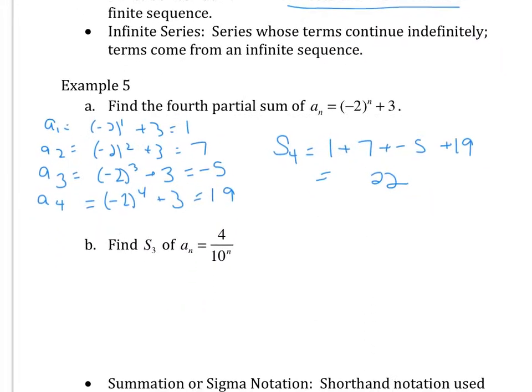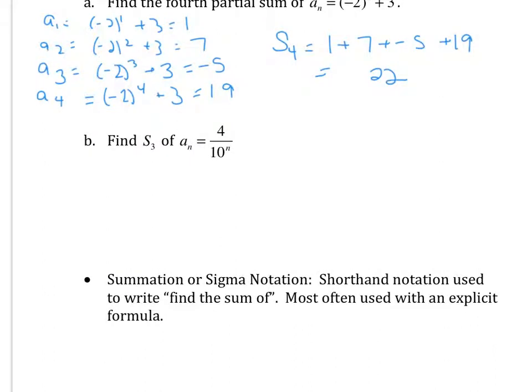Going to do the same thing for this next set. So a1 is going to be equal to 4 over 10 to the first power. A sub 2 is going to be 4 over 100 because 10 squared would be 100. A sub 3 is going to be 4 over 1,000.